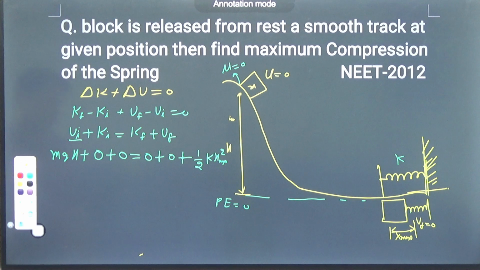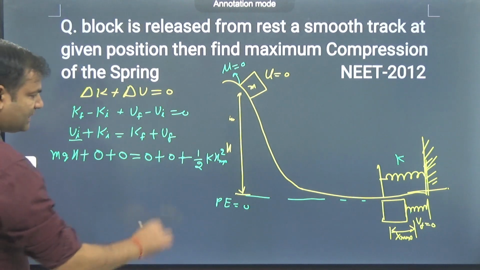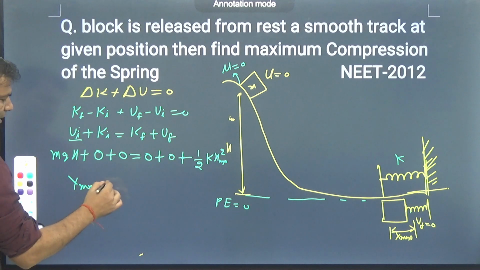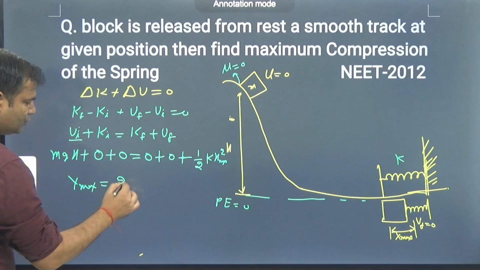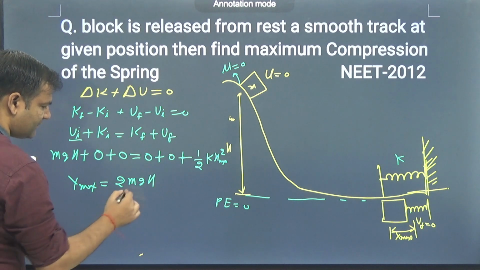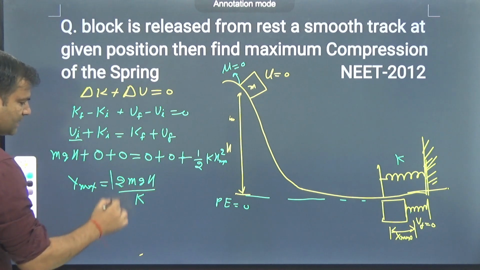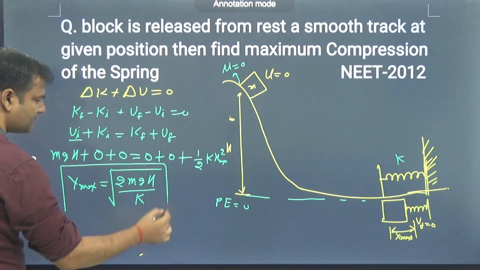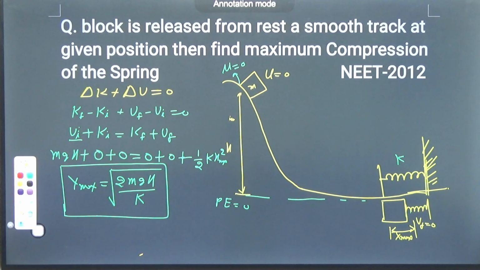Clear or not? So the potential energy of the spring is like that. So x max is very clear. How much? x max equals the square root of 2mgh divided by k. This is the final answer.